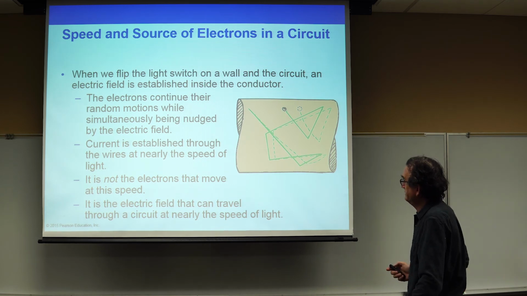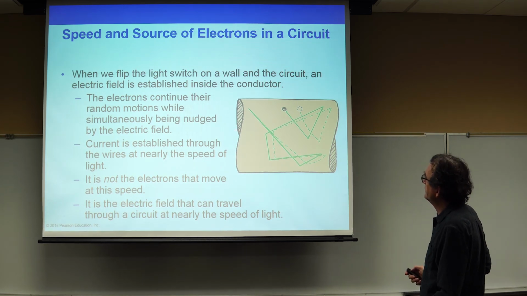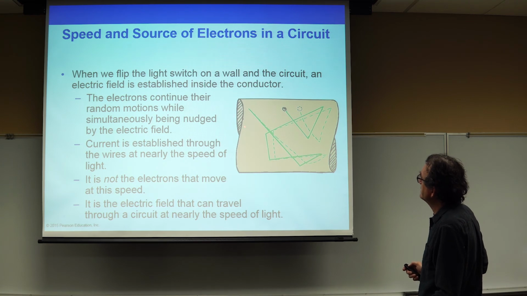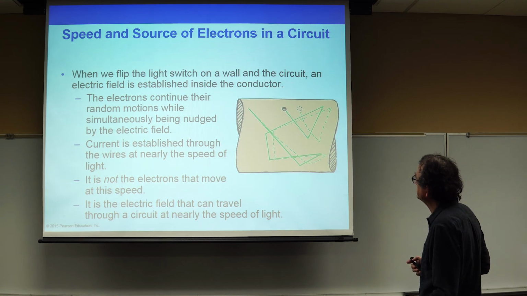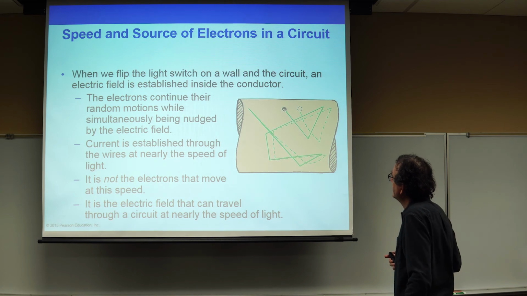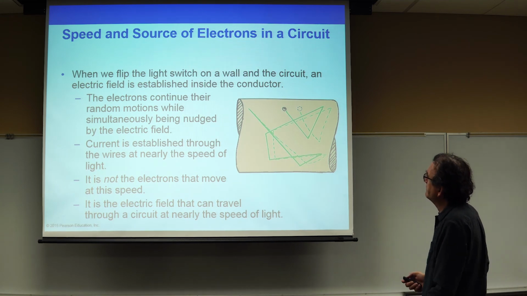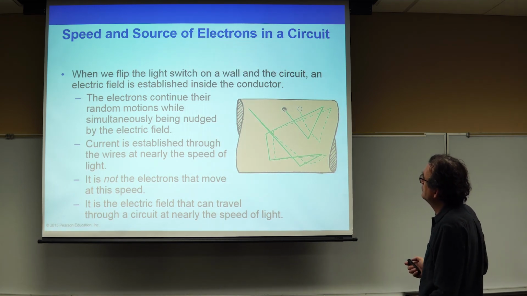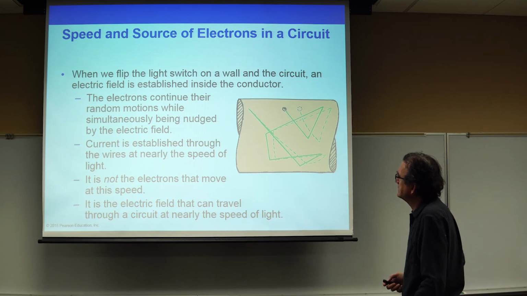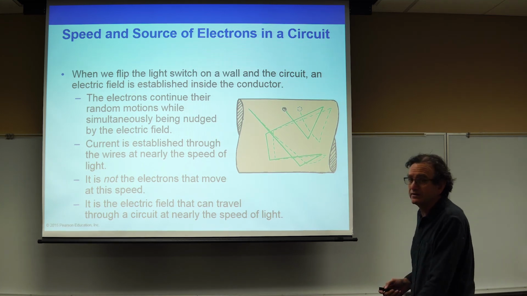One might think that as a result of this, now that we've established an electric field in here, the electrons are free to zip and continue to move through in a straight line all the way to their destination, and that the electrons will move instantaneously across the conductor. Well, this is in fact not true at all.